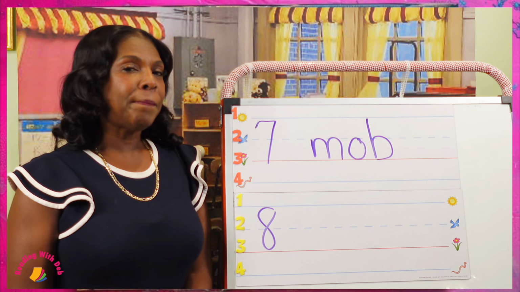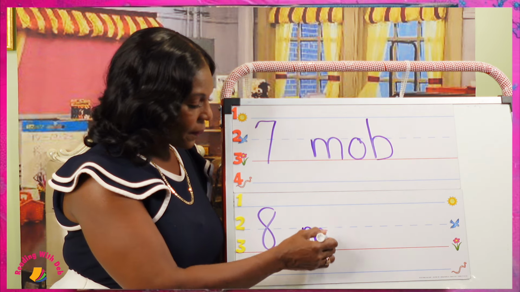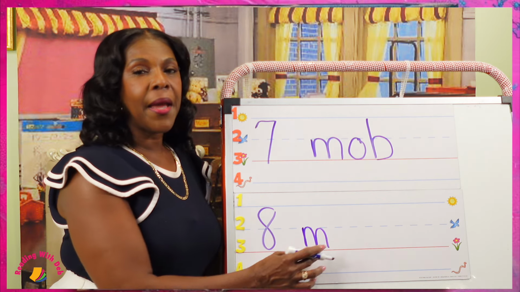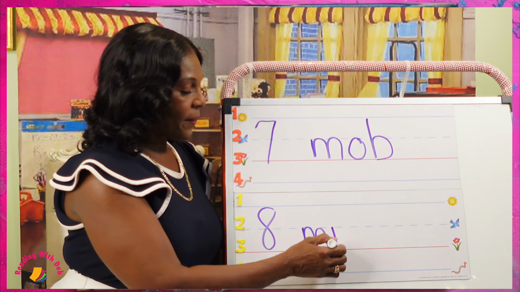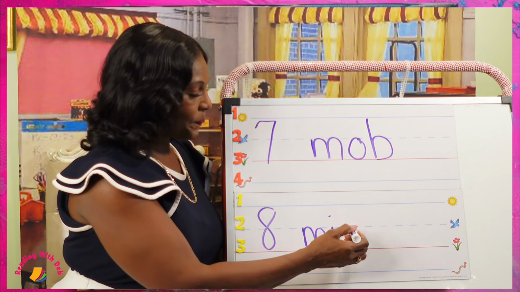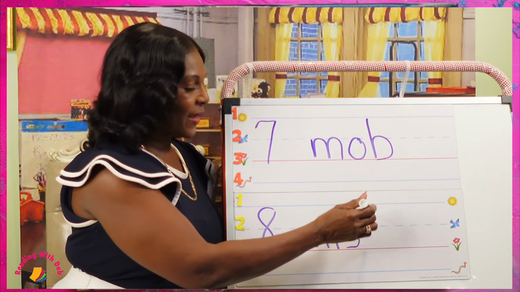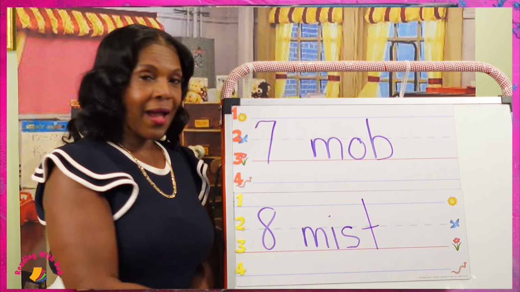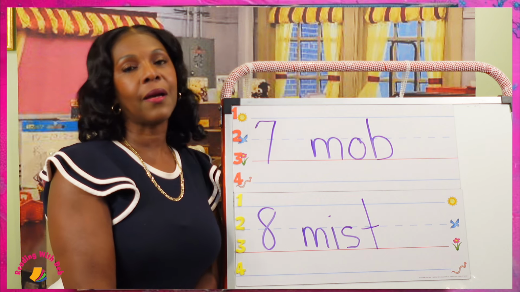I know that's the letter M. Mist. I hear I. Miss. That's the S. Mist. And that's the letter T. How did you do with the 4-letter word? Let me know in the comments.